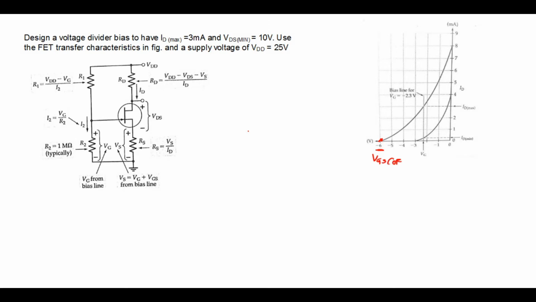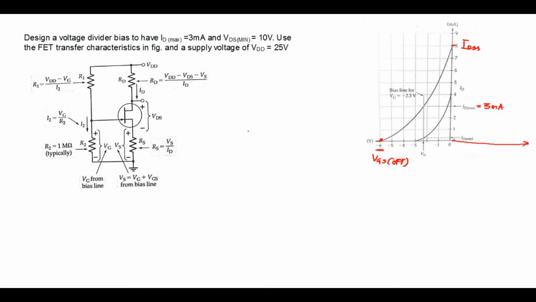And here, where the graph touches the ID line, is IDSS. Then the other parameters are already given here. ID max is 3 milliamps. This graph will further go here, that I will explain later.